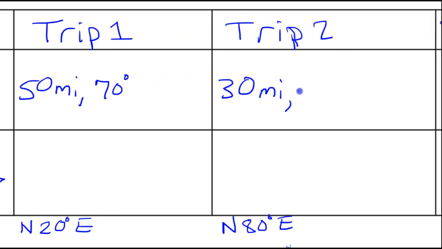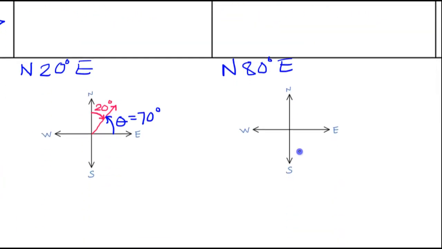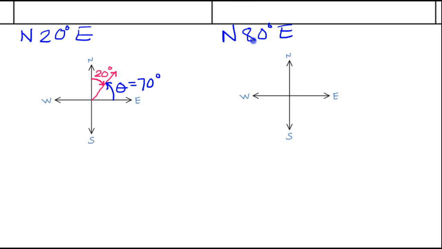So let's do the same thing for trip 2. The direction of trip 2 is north 80 degrees east. So again, that means start at north and turn 80 degrees in the direction of east. So the vector is here if this is 80 degrees.